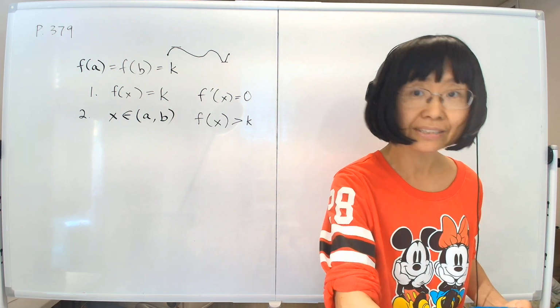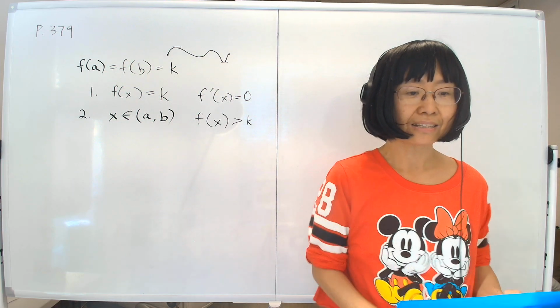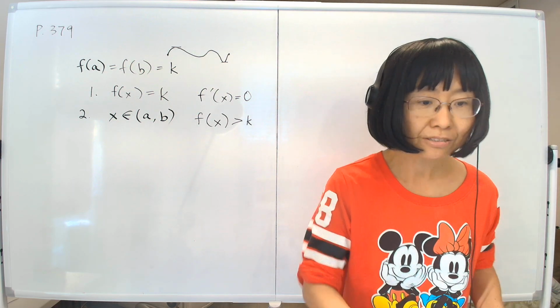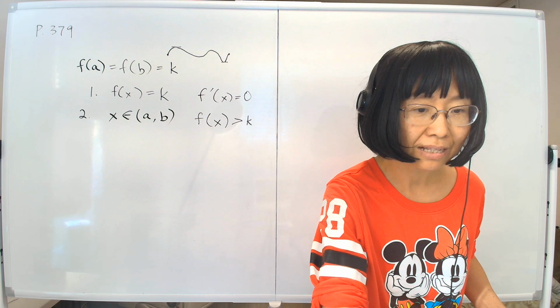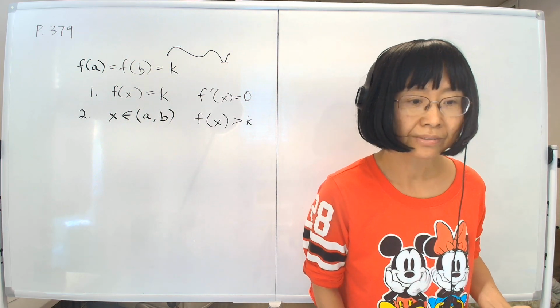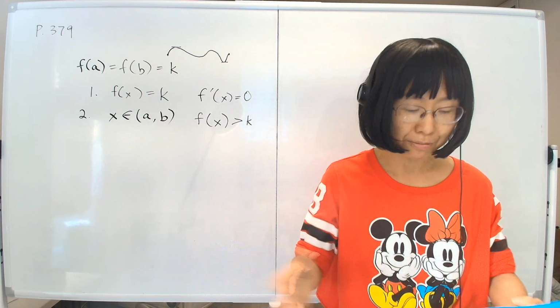So I have it written down. I got the notes then. And what is the extreme value theorem? The extreme value theorem says that there exists some absolute maximum and absolute minimum.